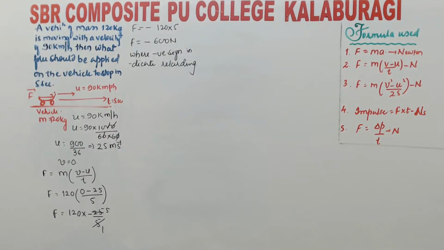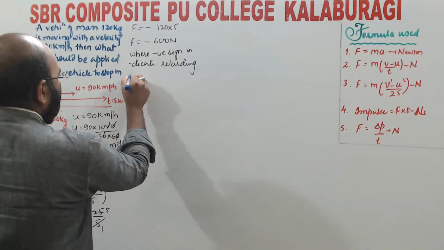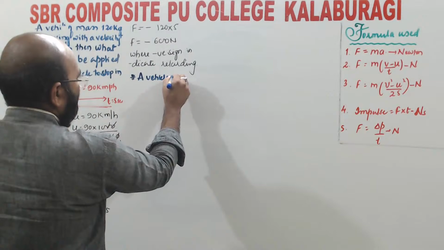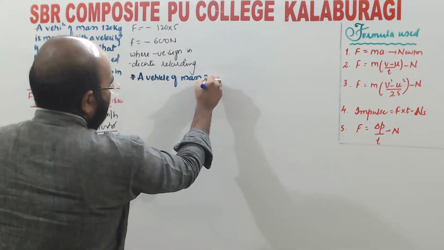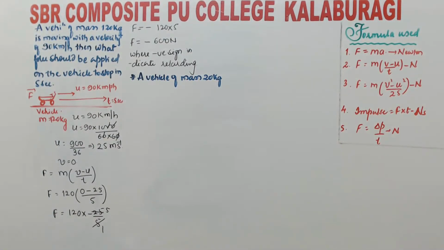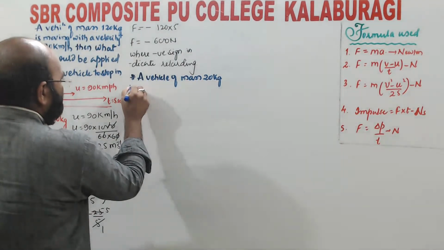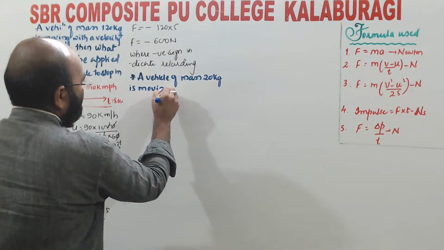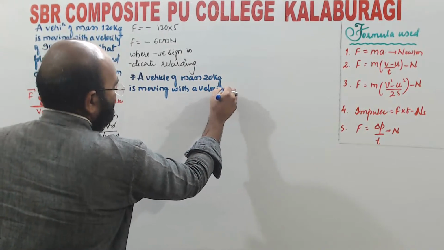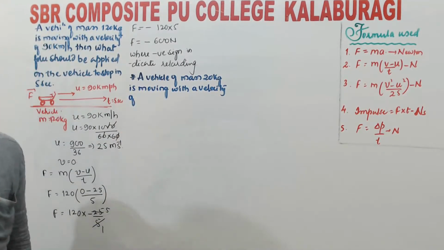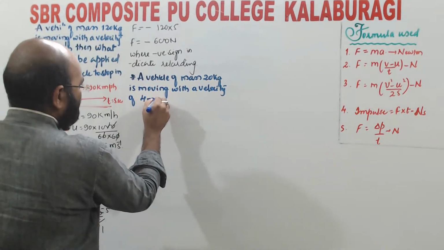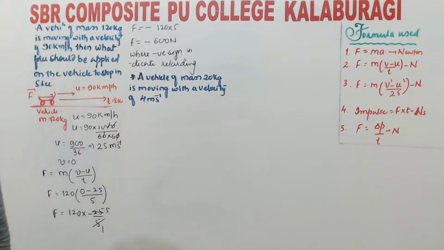In the next question, a vehicle of mass 20 kg is moving with a velocity of 4 meter per second.